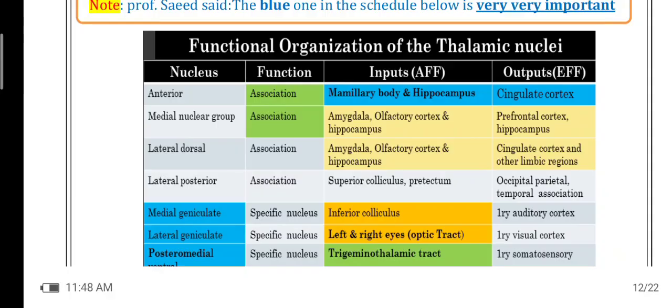It is also called Dejerine-Roussy syndrome, thalamic hyperesthesia, thalamic pain syndrome, central pain syndrome, central post-stroke pain syndrome, posterior thalamic syndrome, retrothalamic syndrome, and involuntary movements, that is athetosis, chorea and intention tremor.